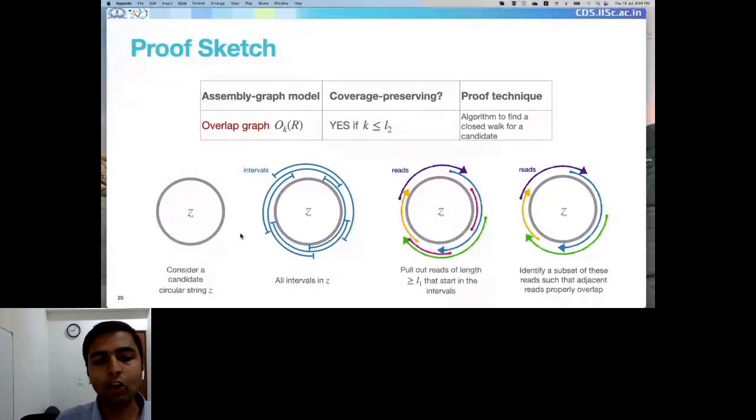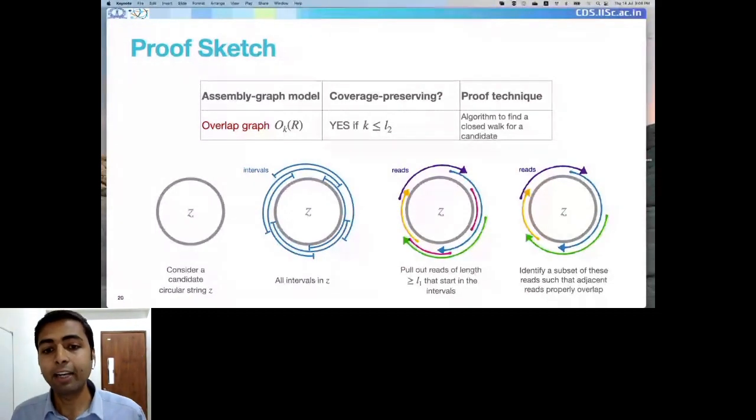The algorithm works in the following way. For a given circular string Z, I will look at all the intervals of that string. And from each of these intervals, I will pull out the reads that are used to satisfy the coverage assumption. These are all reads of length greater than or equal to L1 that start in these intervals.